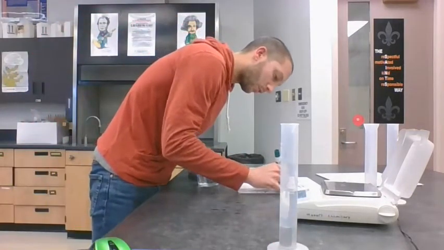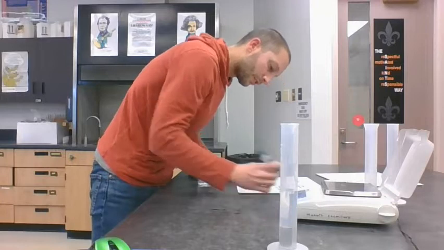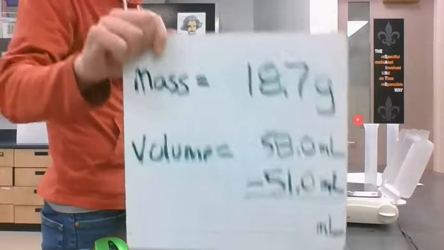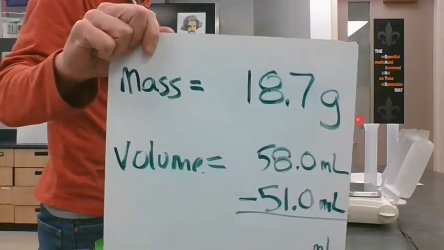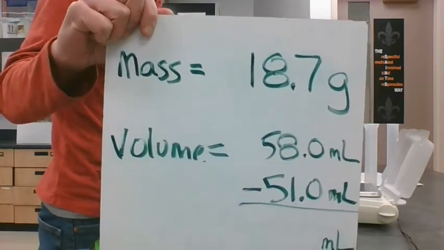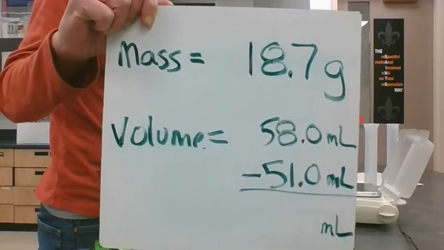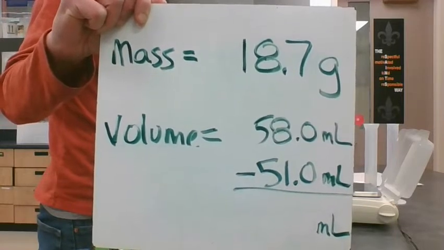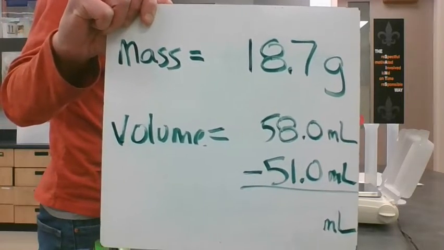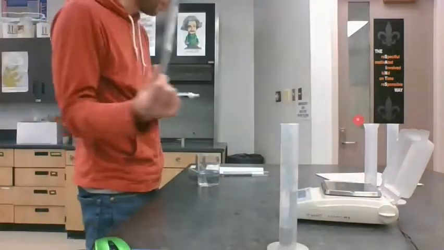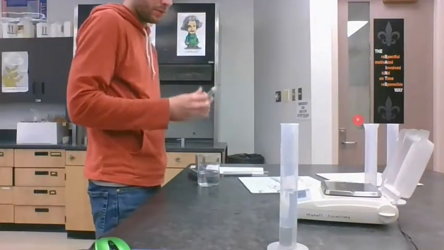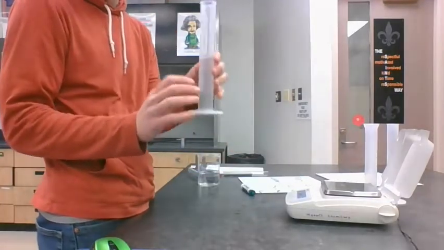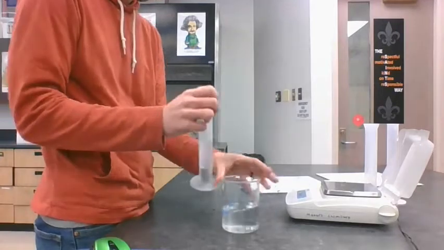So it was 51.0. You guys can do that subtraction. 58.0 minus 51 gives you however many milliliters that second piece of aluminum takes up, how much space it takes up. It takes up 7 milliliters of space in the water there.